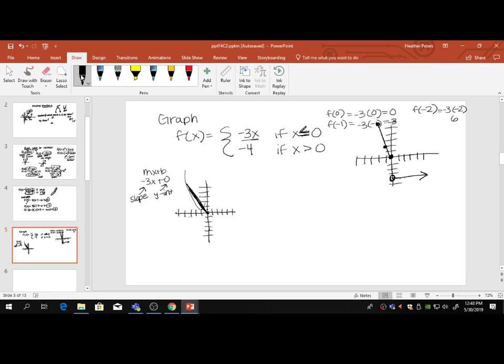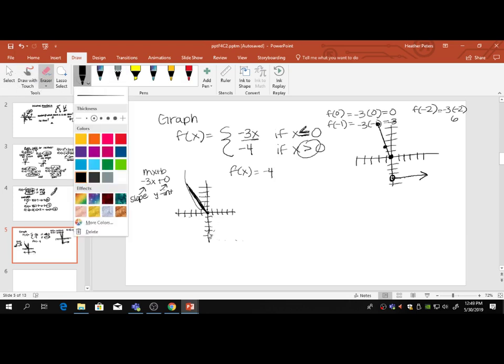And then the other thing you could do, well, right, f of x equals negative 4. That's just a constant, so a line at negative 4. But I only want that when x is greater than 0. So I find where x is 0, and I only want above 0, which is to the right of it. So I'm going to erase that part. Whoops.